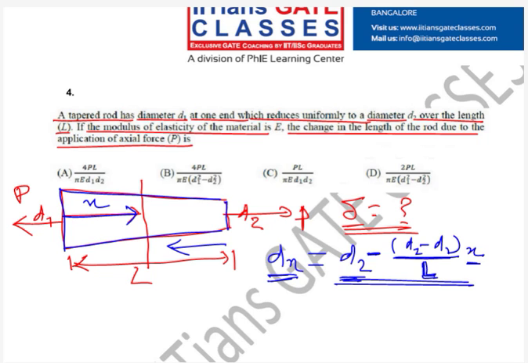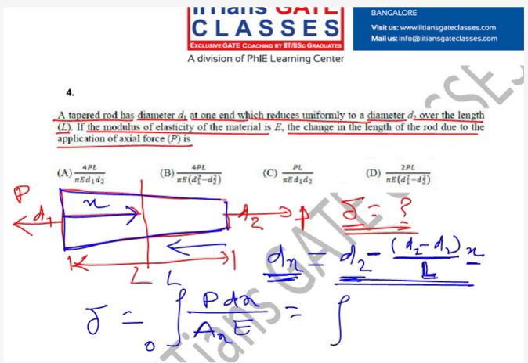Now once you got dx, since my area is varying, my delta will be in integral form from 0 to L. My load is constant, so it is P dx upon area, which is varying, so it is Ax, E is constant, the material is same. Now what is your area?